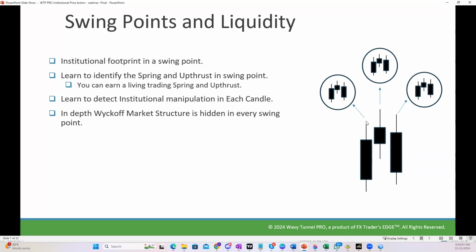In the lower time frame, you will find another swing point at the high of this candle. And when this second candle takes the liquidity of these swing points, or the previous candle's high, that means this candle has taken the liquidity out of this entire swing point in the lower time frame.